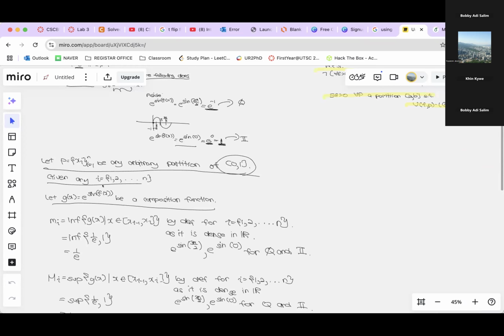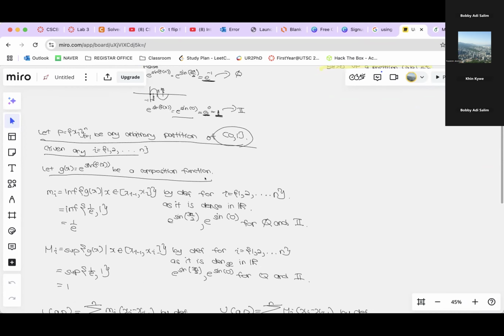So given any i equal 1 to n, this is what we want to show: that g of x is not going to be integrable. So I defined g of x to be e raised to sine of f of x. It's important to place here that it's a composition function, because we use f of x and place that value into e raised to sine of x to get e raised to sine of f of x.